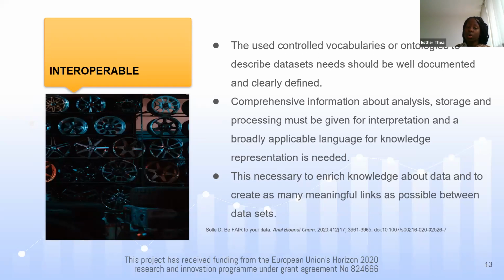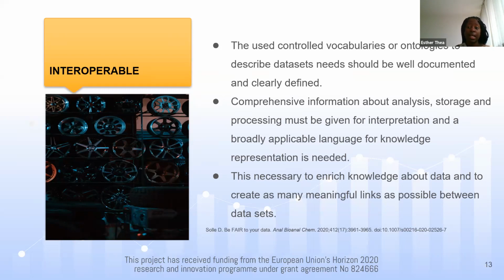So when we say interoperable, we are talking about different machines being able to use the data in spite of their differences. And this is made possible through controlled vocabularies or ontologies that describe data sets. And the vocabularies or ontologies need to be well documented and clearly defined.